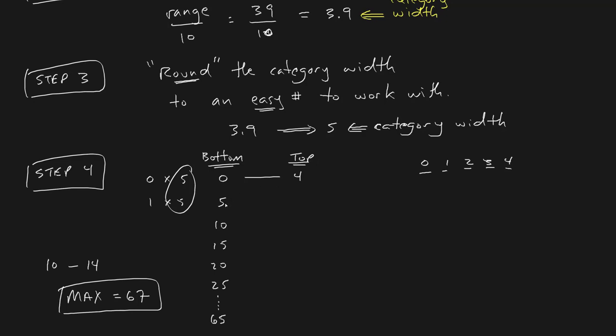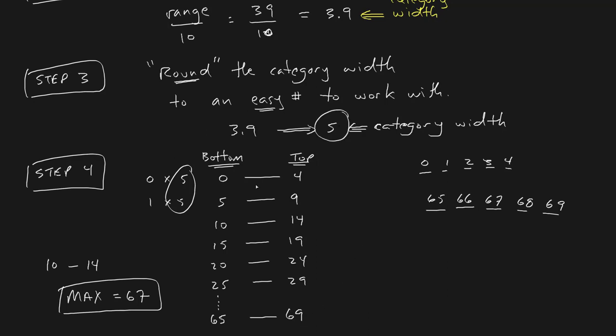After the 4, I get to 5 in the next category, 5 to 9, and then 10 to 14, and so on. 15 to 19, 20 to 24, 25 to 29, and so on and so on, until I get up to 65, 66, 67, 68, 69. That is my last set of 5 numbers. Why 5? Because 5 is the number that I got there. Why am I starting with 0, 5, 10, 15? Because those are all multiples of 5.